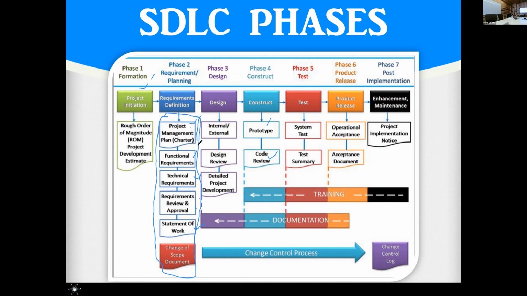Then internal and external design review, detailed project development. So this is where the design phase is. Who's involved here? Tell me, guys, who are the people involved here? CM, excellent.